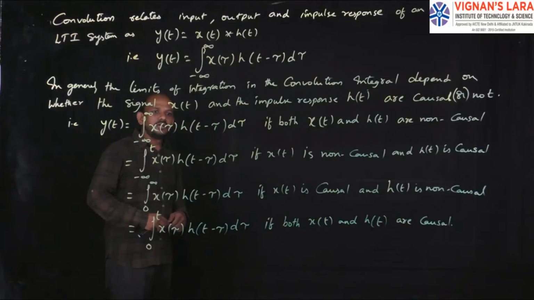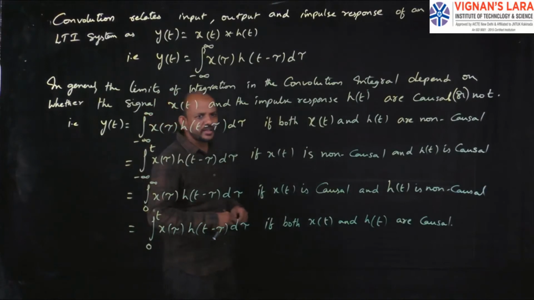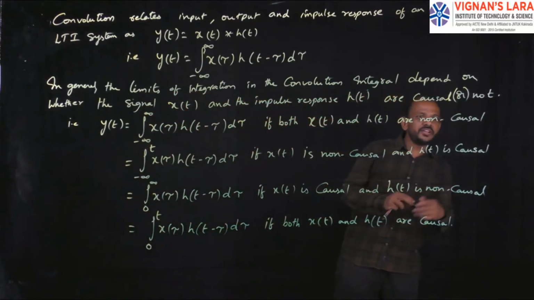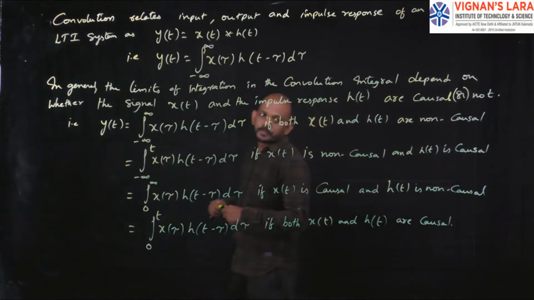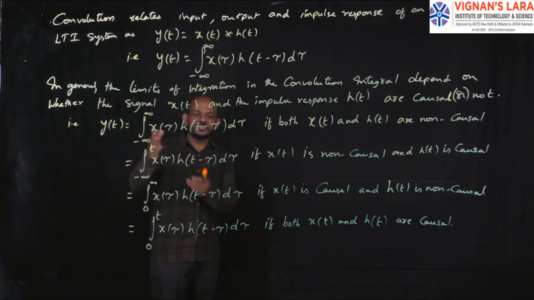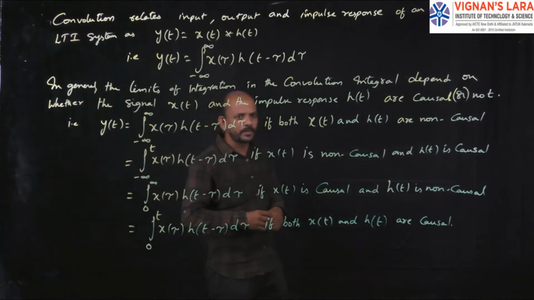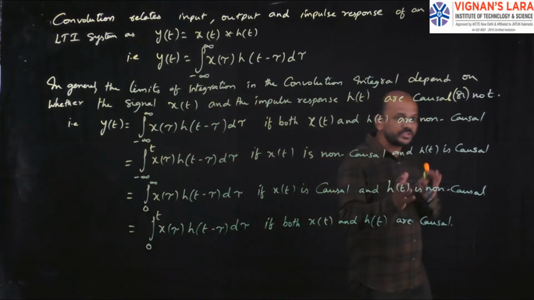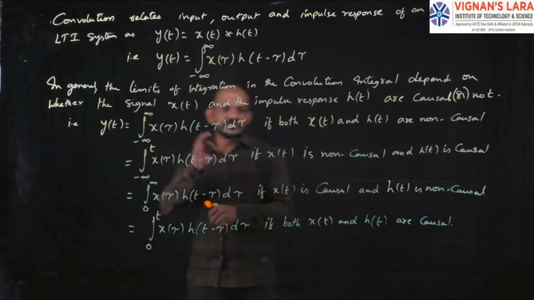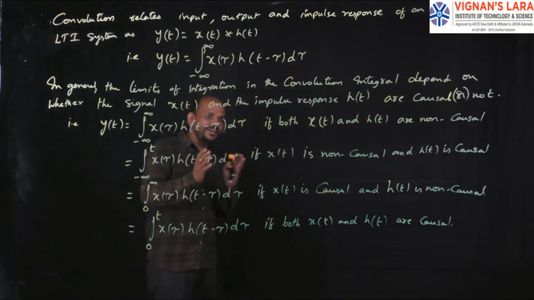Okay, we all know that convolution is a mathematical operation used to express the relation between input and output of an LTI system. So how does it relate the input and output?